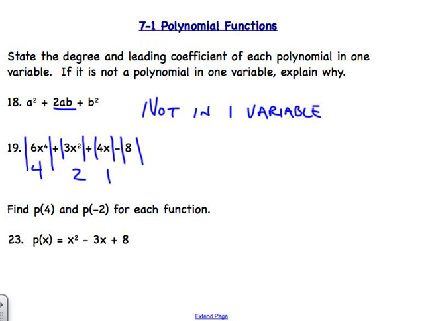And then the constant 8 doesn't have a degree. When we're figuring out the degree for the whole polynomial, we pick the largest one. It's like asking who's the tallest person in a room. You don't add all of the heights, you just pick the tallest person. So between the 4, 2, and the 1, this is degree 4.